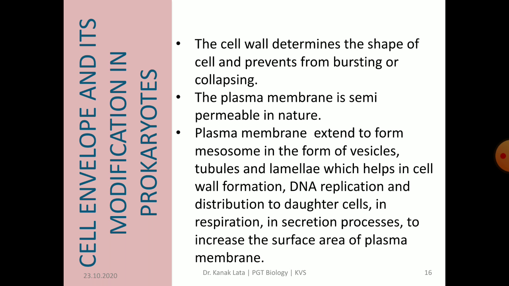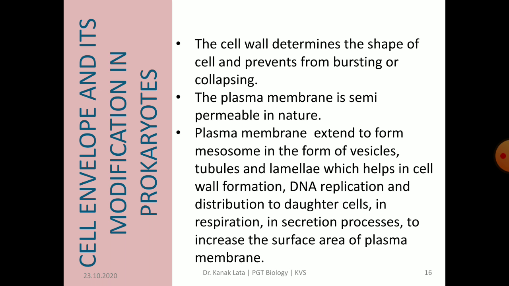The plasma membrane is semi-permeable in nature and interacts with the outside world. This membrane is similar structurally to that of eukaryotes. A special membranous structure is the mesosome, which is formed by the extension of the plasma membrane into the cell.